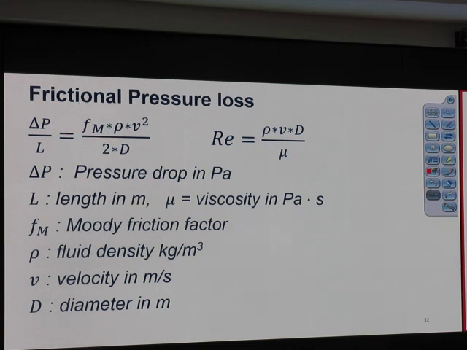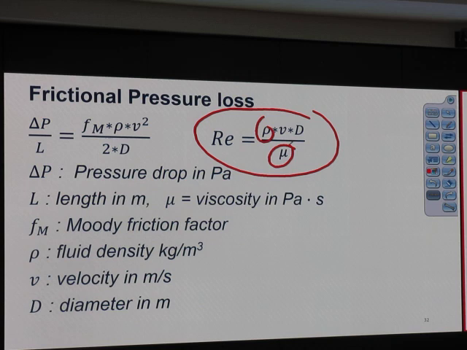What about Reynolds number? You see this Reynolds number, rho V over mu. Look at the fluid properties, rho and mu. These fluid properties change with temperature. They're not constant. So for onshore operation, we have flow in the line.